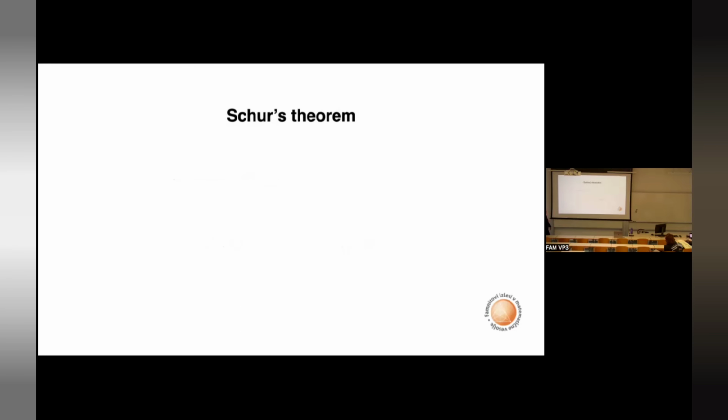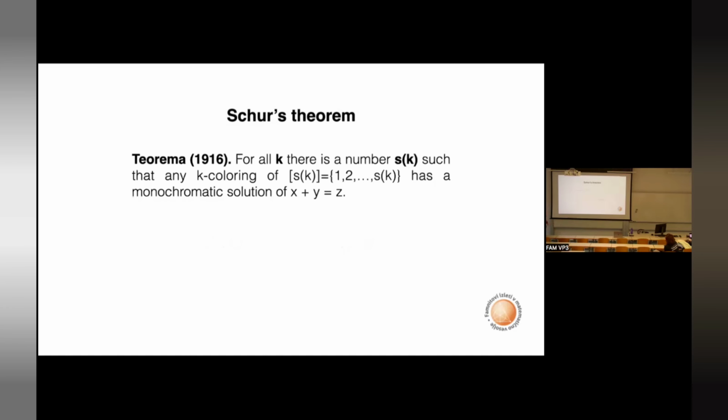And here the question about finding patterns or finding structure was answered by Schur and his theorem. Again, he was talking about K-coloring.